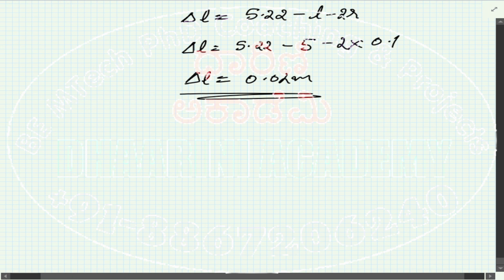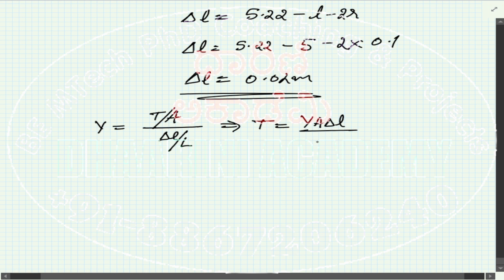Then we need to calculate the tension in the string. I can calculate using Young's modulus, that is the stress, tension per area, divided by delta L by L. So if you want to calculate the tension, A goes to the other side: T equals Y into A into delta L, divided by L. I don't know the area, so I have to use pi r square.